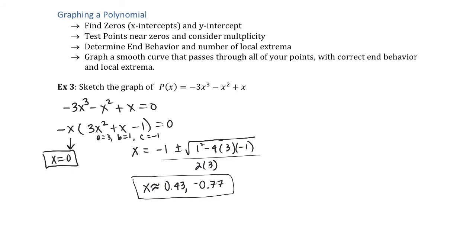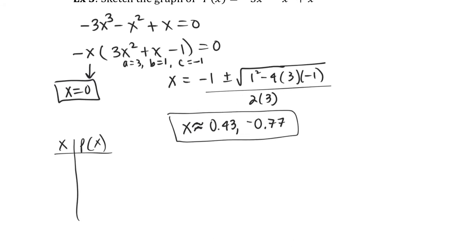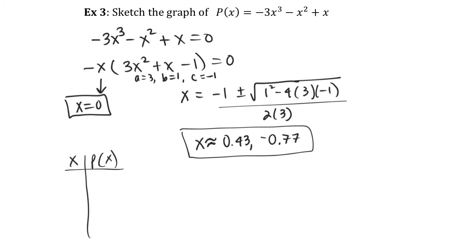And now we want to figure out our y-intercept. So you basically make a shortened little xy table for yourself: x and p of x. Okay, so I'm going to do negative 0.77. Okay, that is an x-intercept.